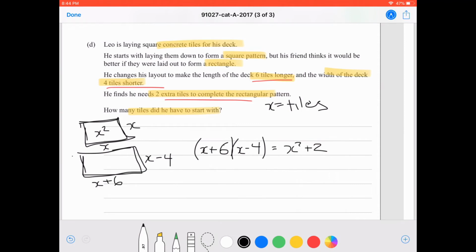Okay, so expanding these brackets, we're going to say x squared minus 4x plus 6x is plus 2x minus 24 equals x squared plus 2.